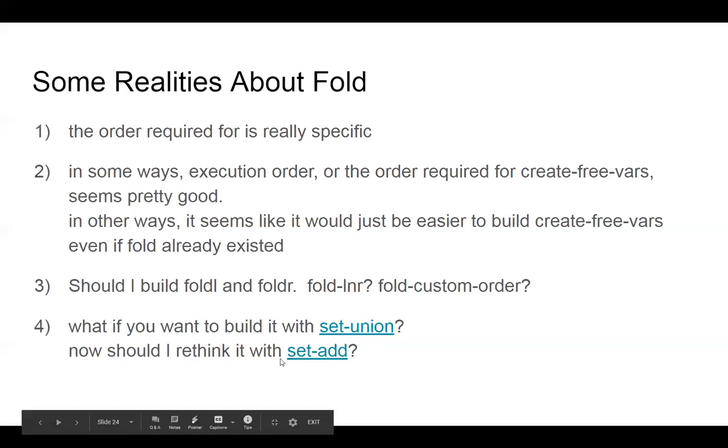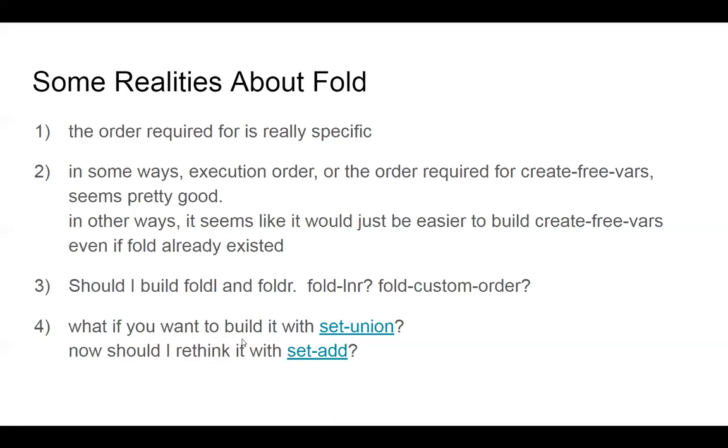Do I have to rethink that with add if I'm going to do fold? I don't think I necessarily have to, but when I started thinking about how you would do it with fold, you'd be passing in an empty set at the beginning, traversing up and down the tree, adding when you found a variable, doing nothing when you found the int literal, and just returning the set itself.